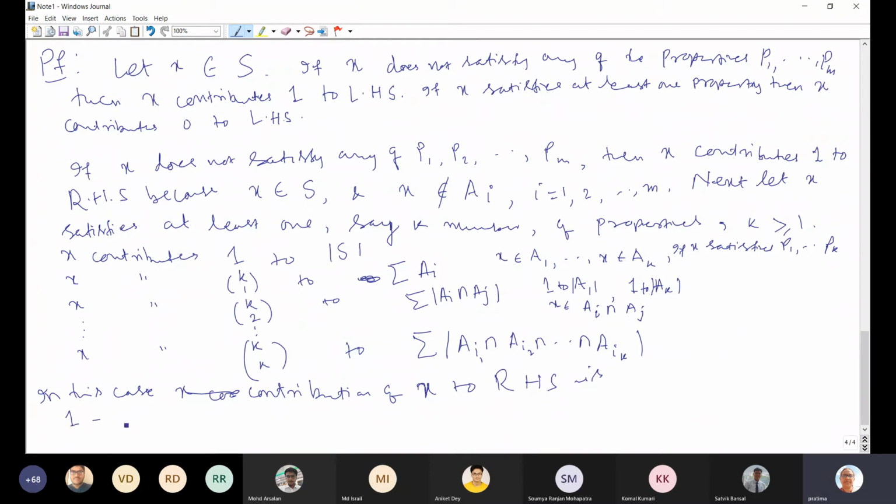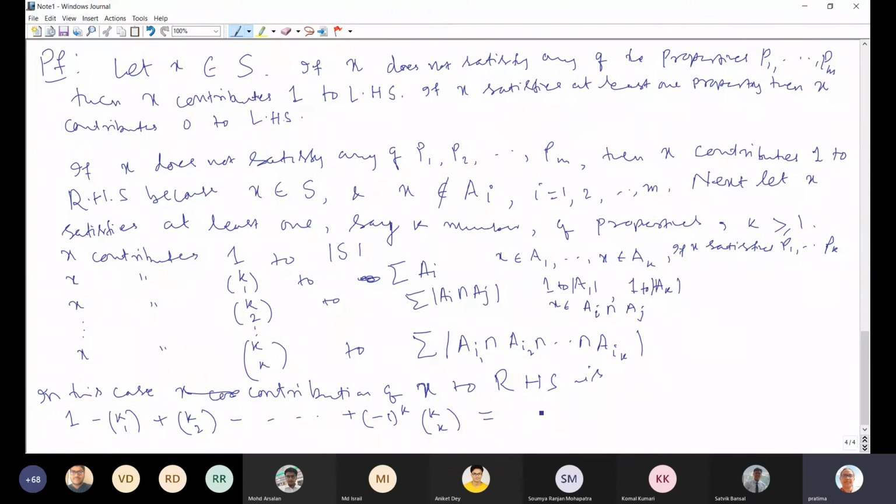That is 1 for the first term, the second term is negative, k choose 1, the third term is positive, k choose 2. Like this it goes on, up to (-1) to the power k, k choose k. This is the total contribution of x to the right hand side.